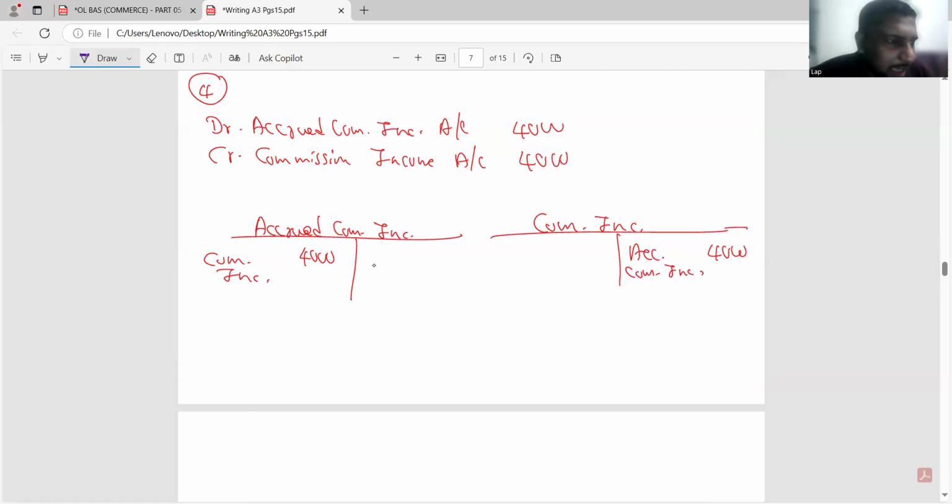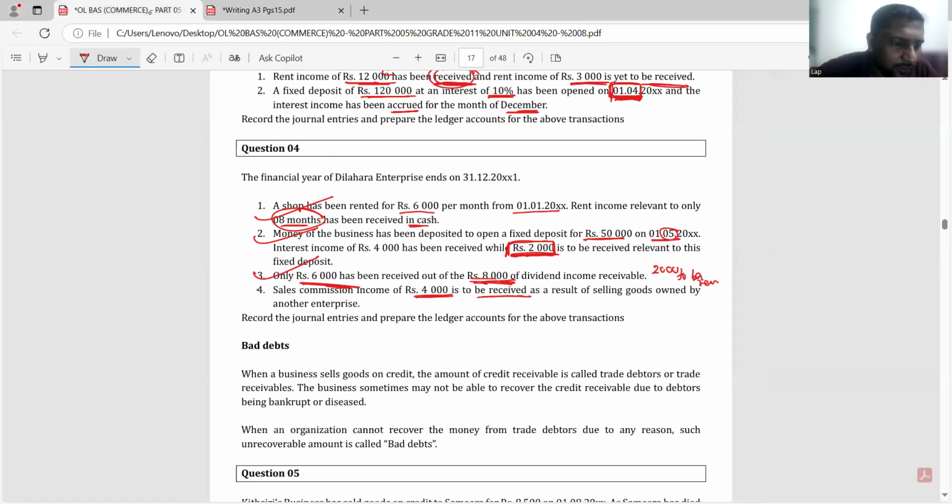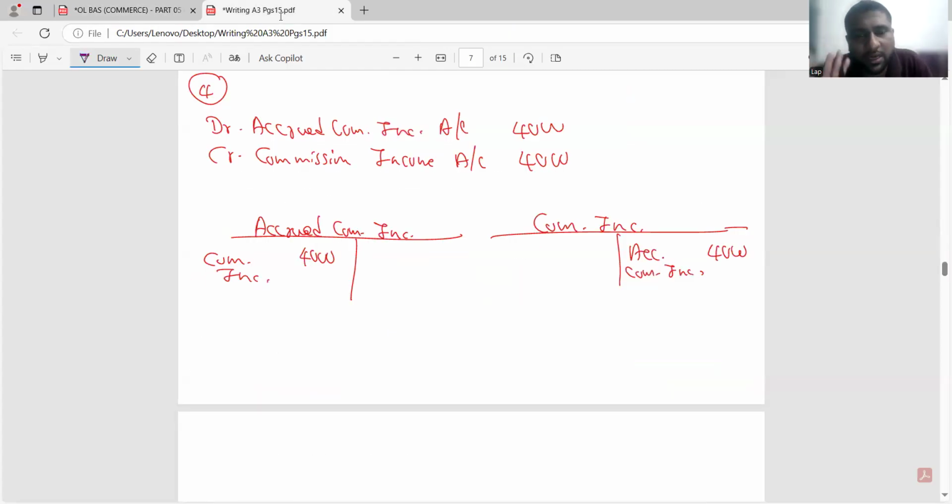So as the last summary of what we studied today, we studied two adjustments. One is the accrued expense. What are the two adjustments that we did? We increased the expense and we increased the current liability, the relevant liability.